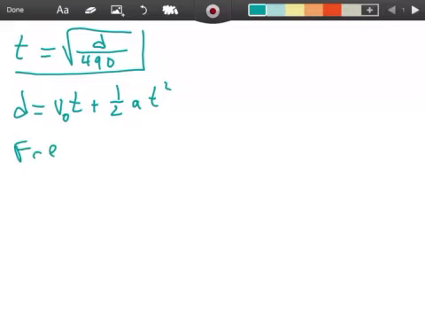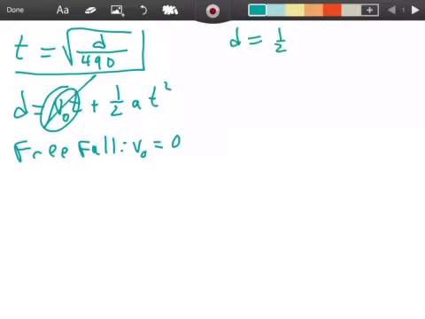But in free fall, we have the fact that the initial velocity is 0. When the initial velocity is 0, that initial velocity times time term disappears, and we have distance is 1/2 the acceleration times the square of the time.